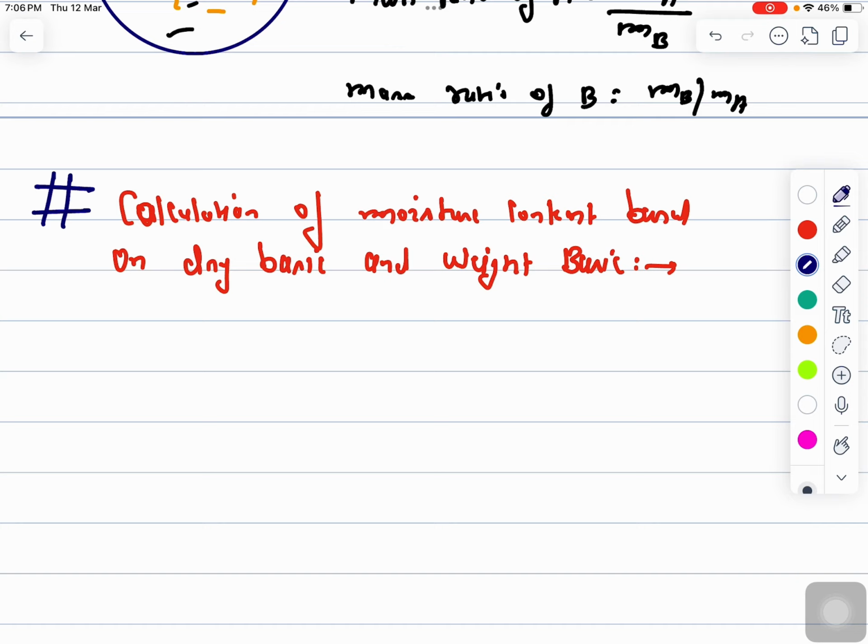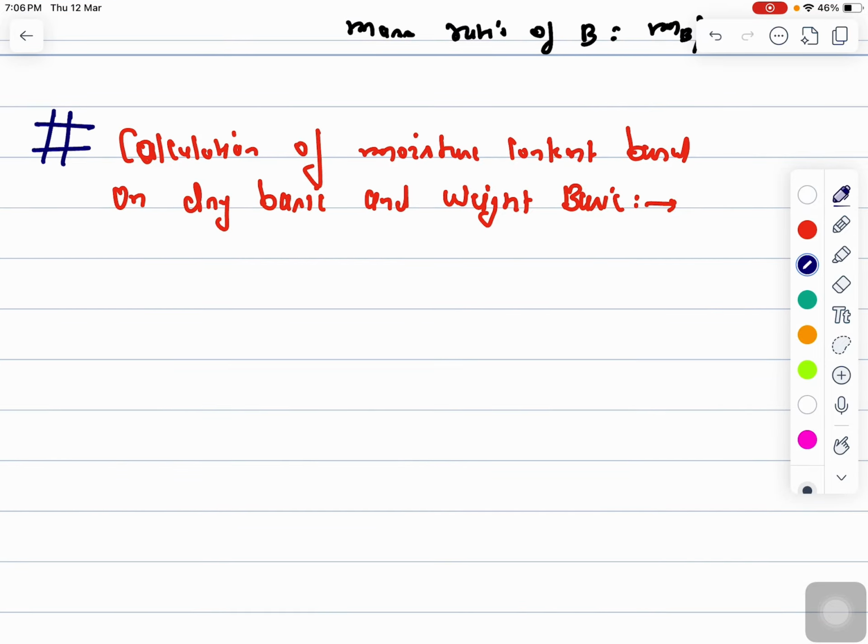Right, dry basis and wet basis. The application of this particular concept is very common in drying, food engineering, chemical engineering, or material science engineering. And when we talk about the weight basis, it basically expresses moisture as a percentage of the total weight of the material.